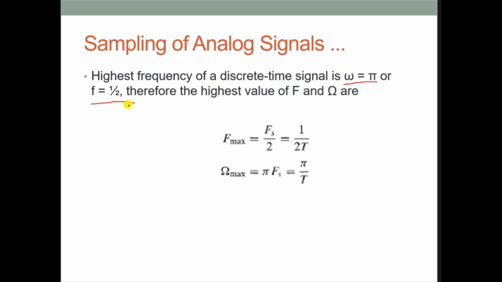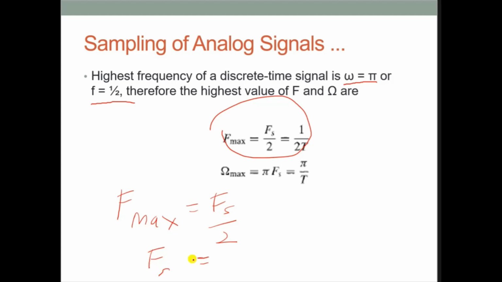So when we write this, we see that F max equals Fs over 2 equals 1/2T, and Ω max equals πFs equals π over T. If we take this equation, we see that F max equals Fs over 2, so the sampling rate is 2F max.